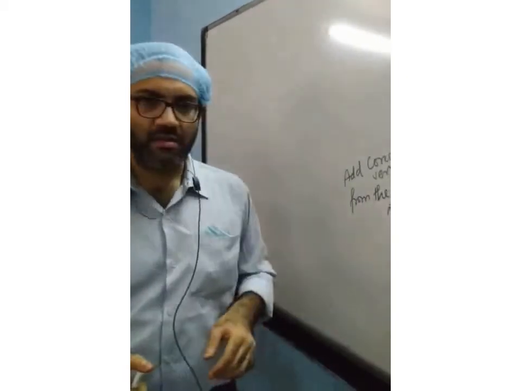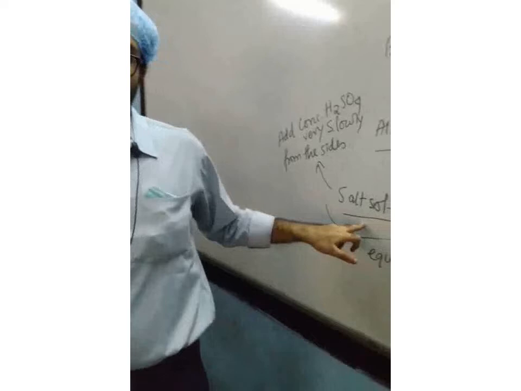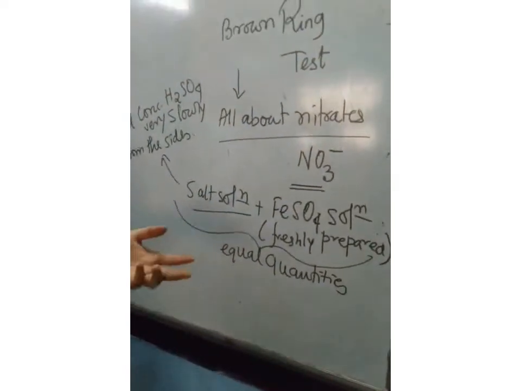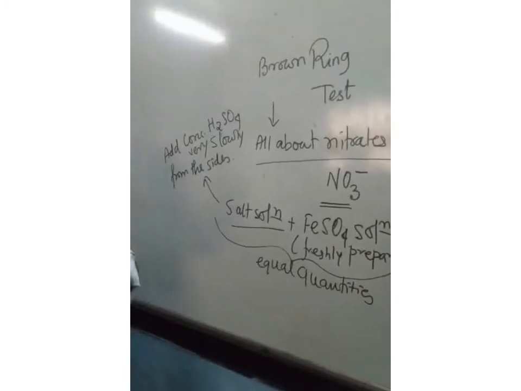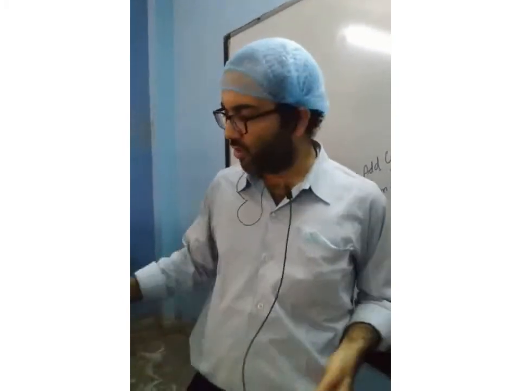After doing this, if a brown ring forms, then definitely the salt contains nitrate. If no nitrate is present, then there will be no color change and no ring formation.